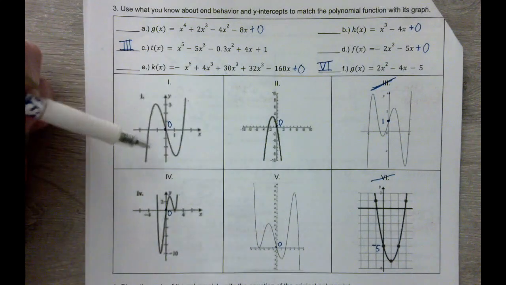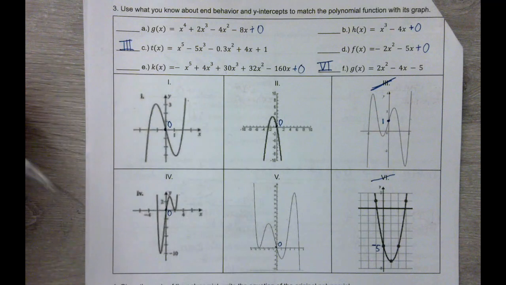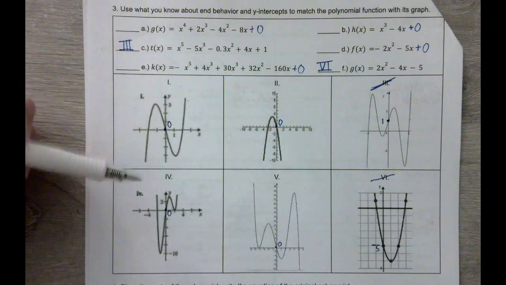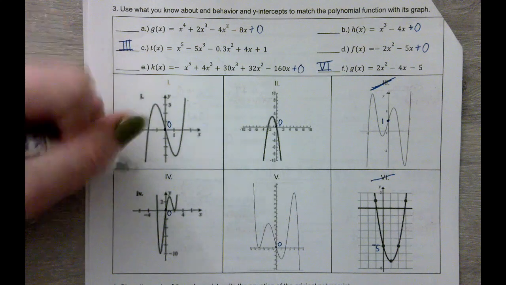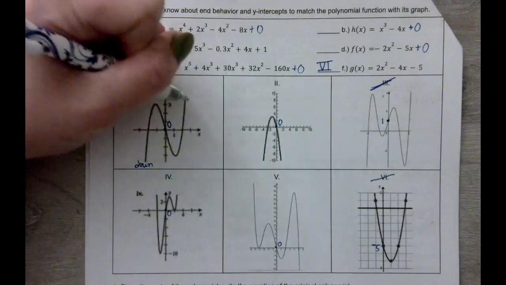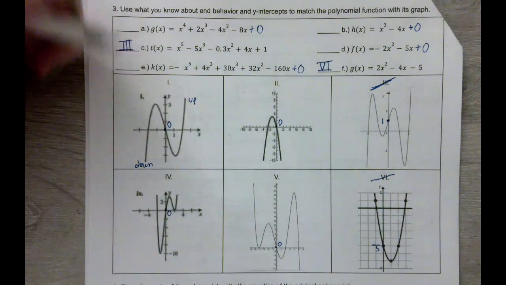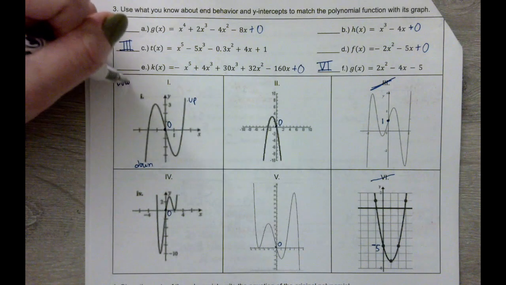So I'm going to go through and identify the end behavior on the graphs first. That's pretty easy to do. So on graph number 1, we have down on the left side and up on the right side. So we have down and up.